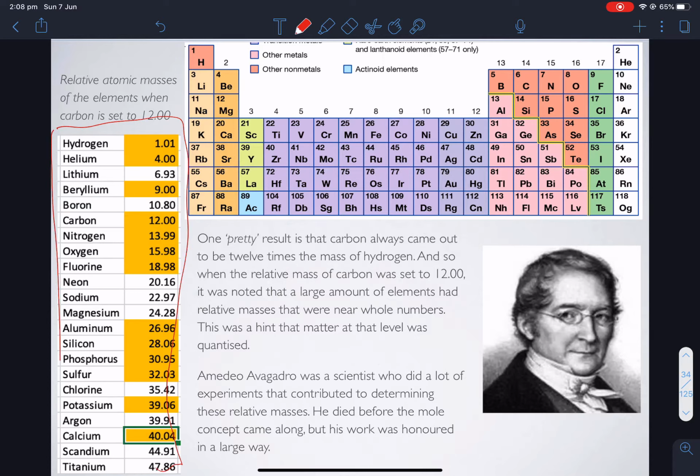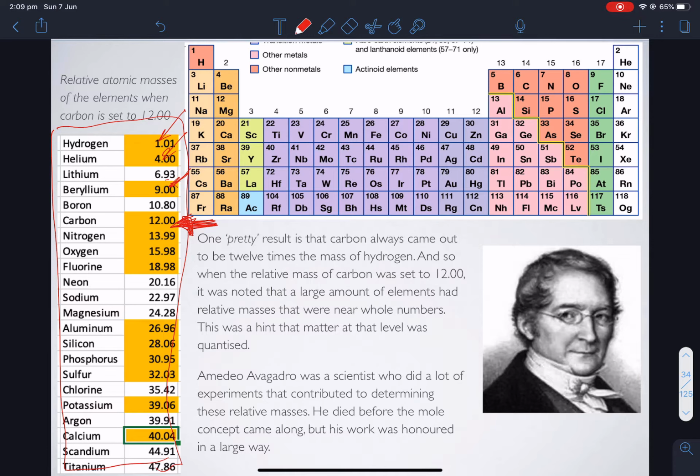I've set the mass of carbon to 12 arbitrary units, and the relative masses of all these other elements we've calculated here. You'll notice that hydrogen is just a touch over 1, and helium is 4.00, another nice even number. Lithium is quite close.